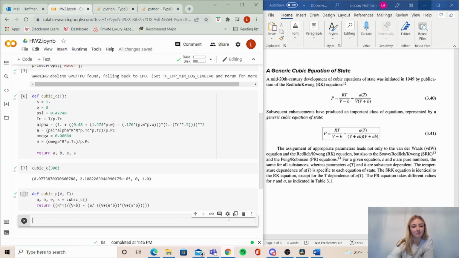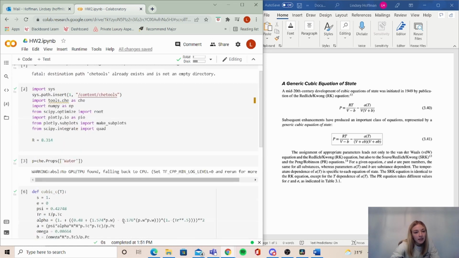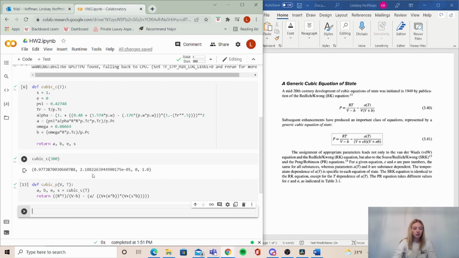All right. So now we're about ready to plot some isothermic curves. So to do that, we'll need values for volume, since our plot is going to be on pressure versus volume axis. I've already imported numpy and plotly up here to get us ready. Plotly, subplots. So we'll be using those.